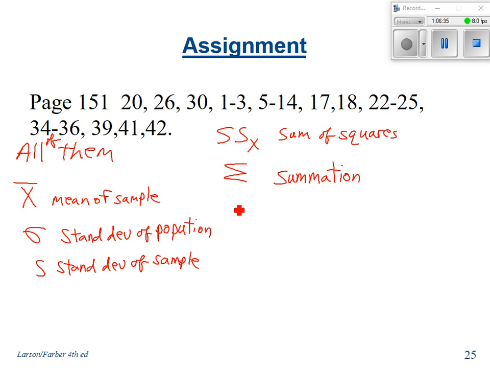Little n, what's that? The number of entries in the sample. Sample. What's big N? Number in the population. The mean of a population is mu.